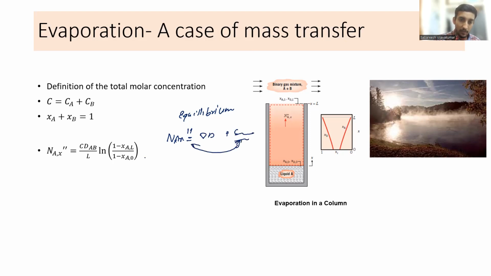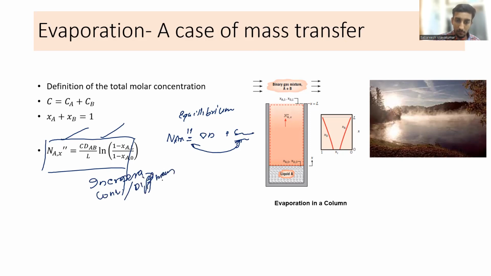Simplifying and solving that, we will get this expression. The derivation is available, especially in Incropera and any convective or diffusion mass transfer textbook. Very simple derivation. So this is the final expression for that. Okay, right.